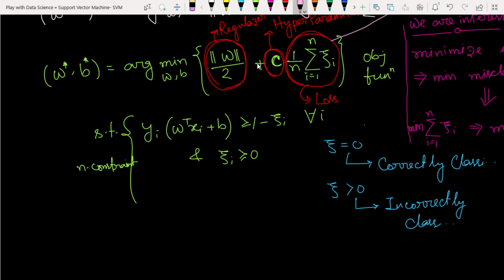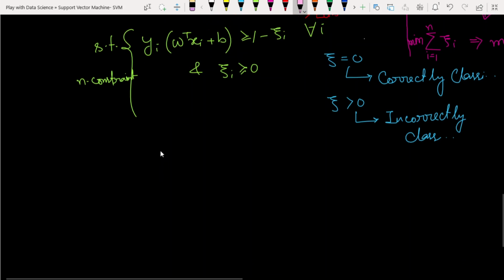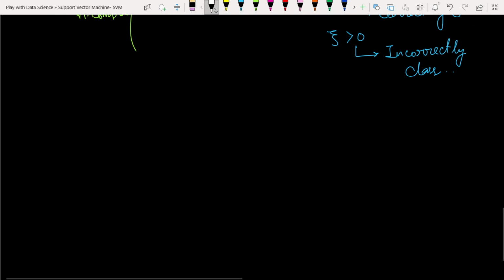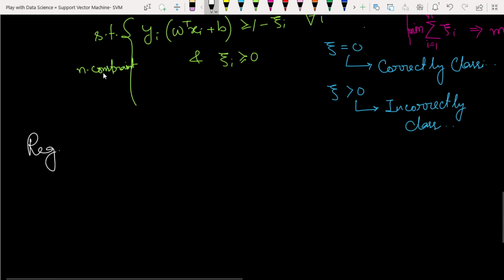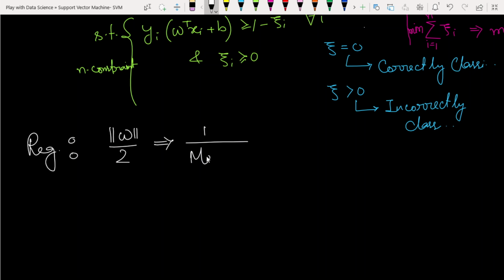Now see the regularizer term. Our regularizer term is norm of w squared by 2, which is related to the inverse of our margin.